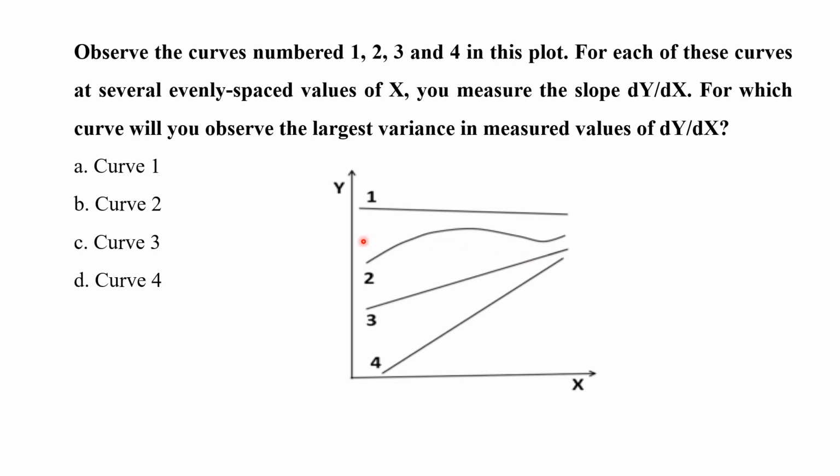And this value of dy by dx will constantly keep changing. Whereas on the other three graphs, that is 1, 3 and 4, at any point the value of dy by dx will remain the same. So the correct option is option B.